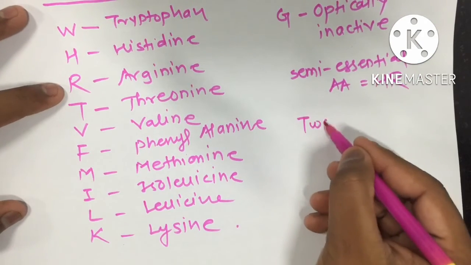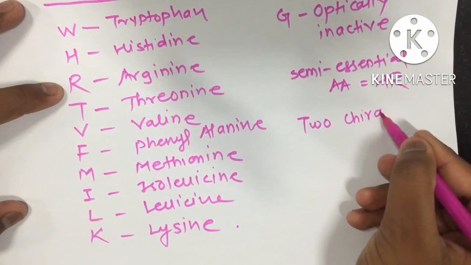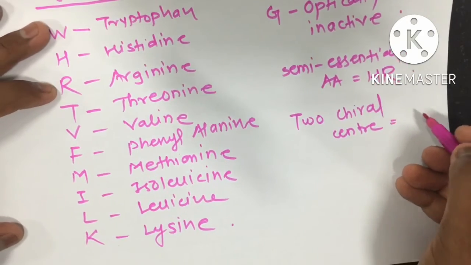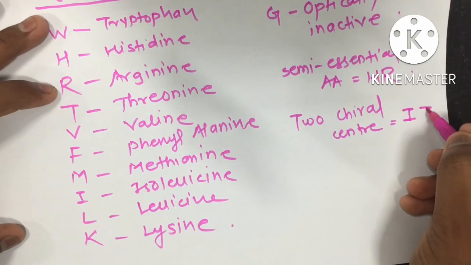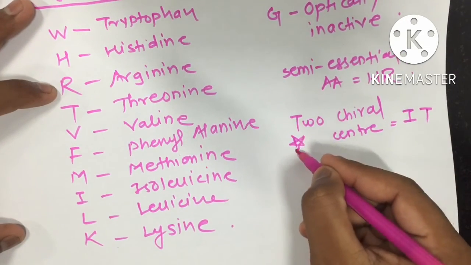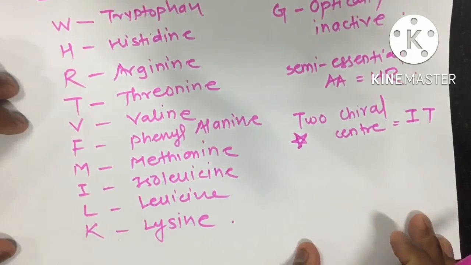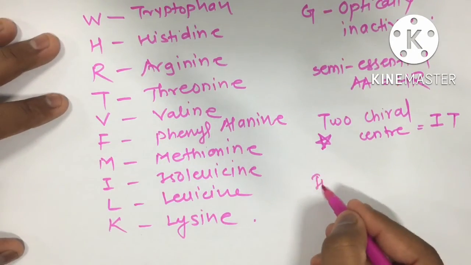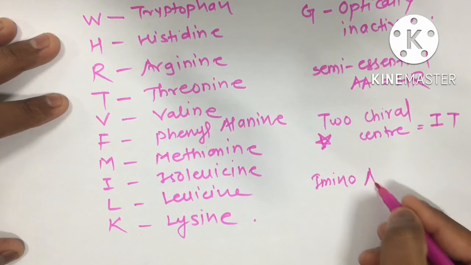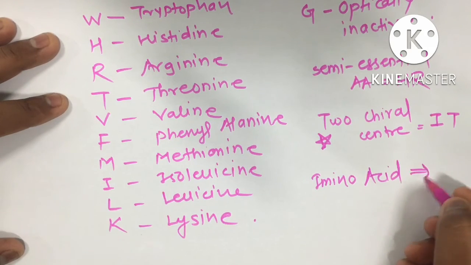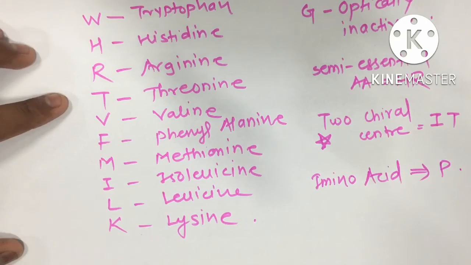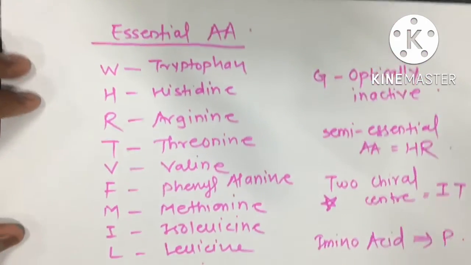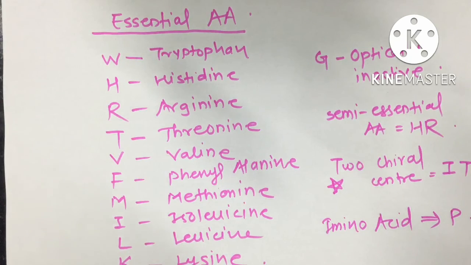Amino acids with two chiral centers are isoleucine and threonine, very important. Then what are some important points regarding the amino acids? That is proline. So these are all the important points regarding the amino acids.